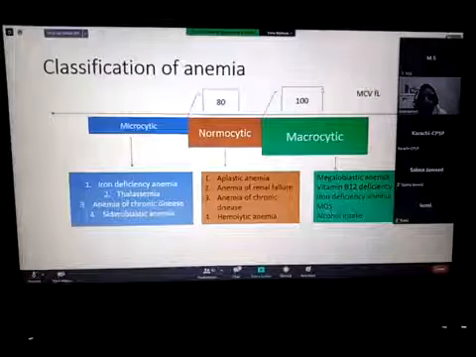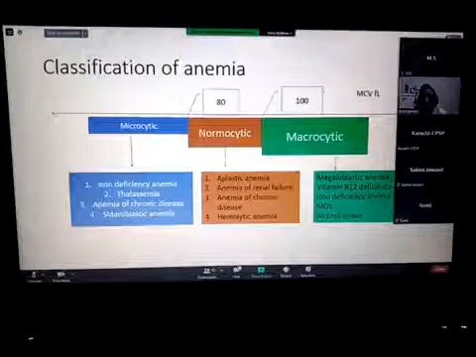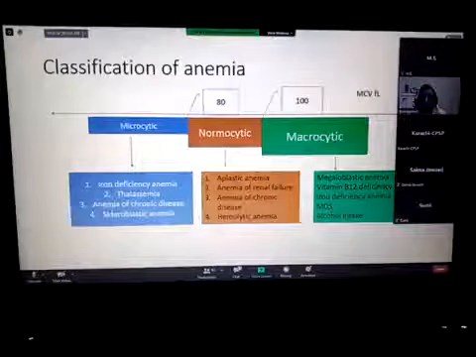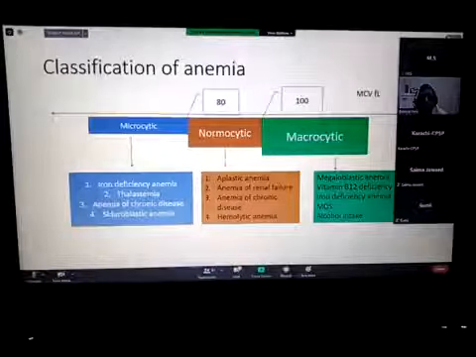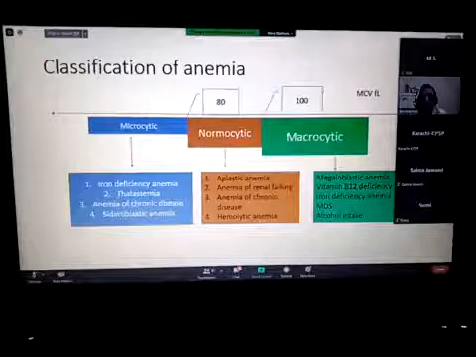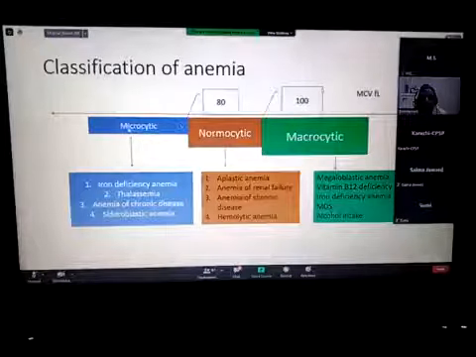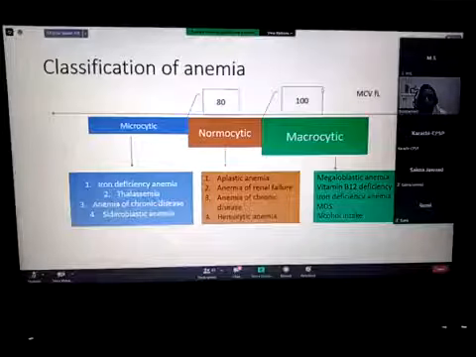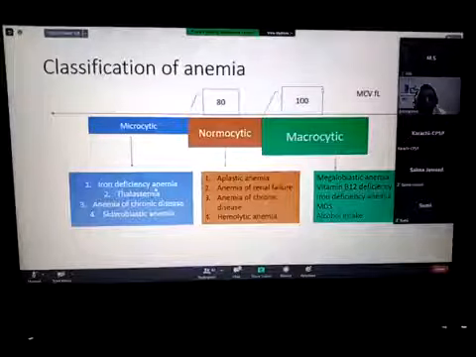MCV stands for mean corpuscular volume, which means the average volume of the red cell, and normally it ranges between 80 to 100. So anything with MCV below 80, the red cells will become microcytic, and those microcytic cells are usually hypochromic as well.